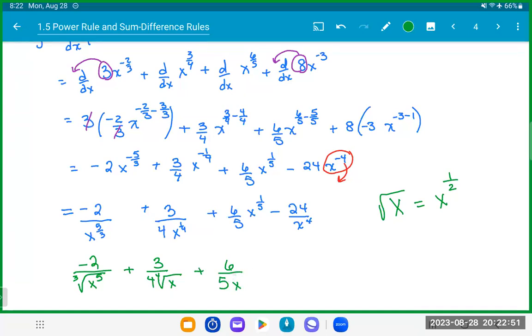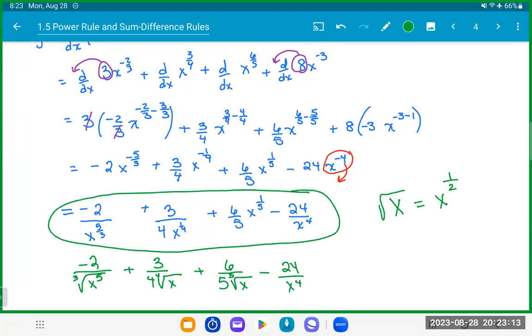It's a 5th root of x. Okay. But your textbook, or my math lab, would have accepted this.